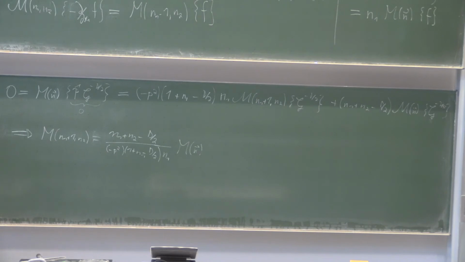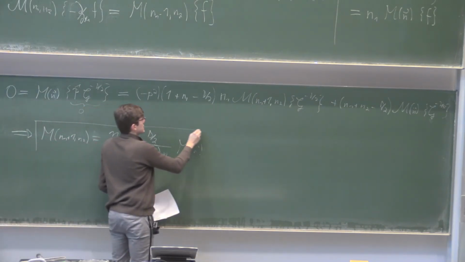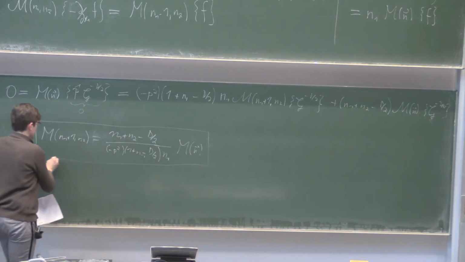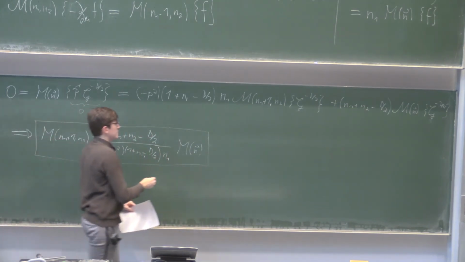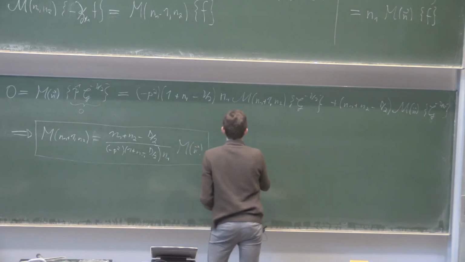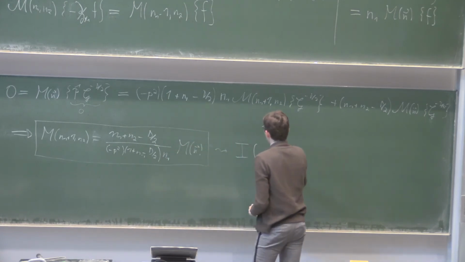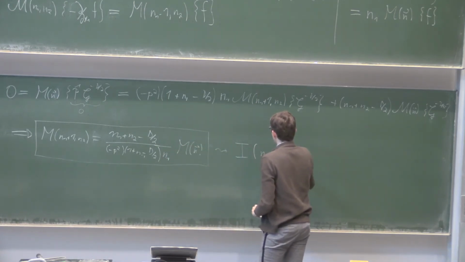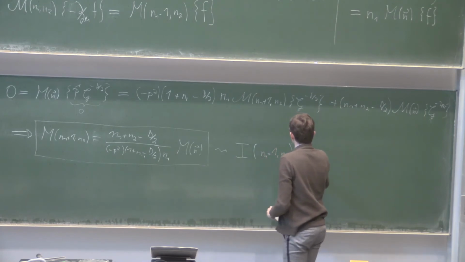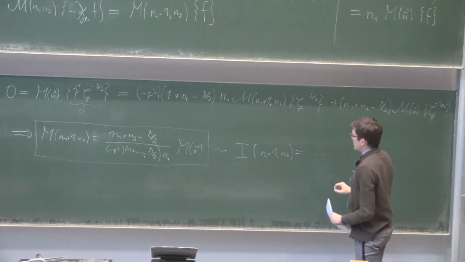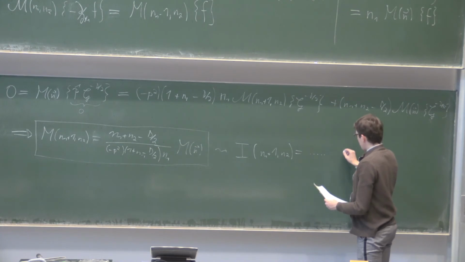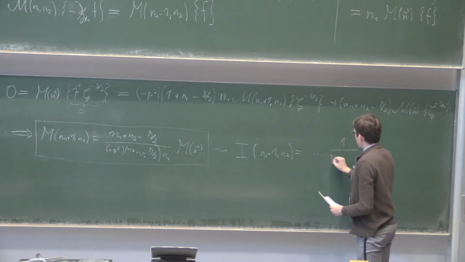So the exercise that you can do is to check that the equation you get from this for the integral, I mean, I can write this down. So the actual integral, the Feynman integral with n1 plus 1 and n2. So it's the same factor times an extra 1 over d minus n1 minus n2 minus 1.